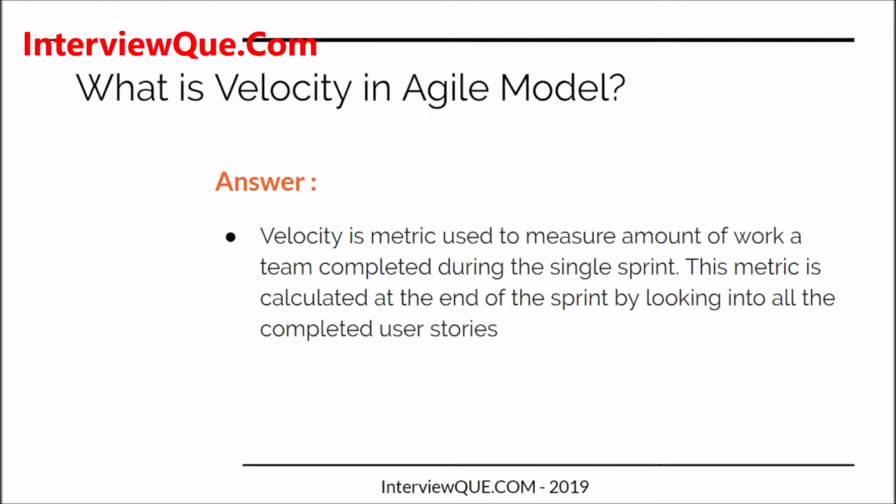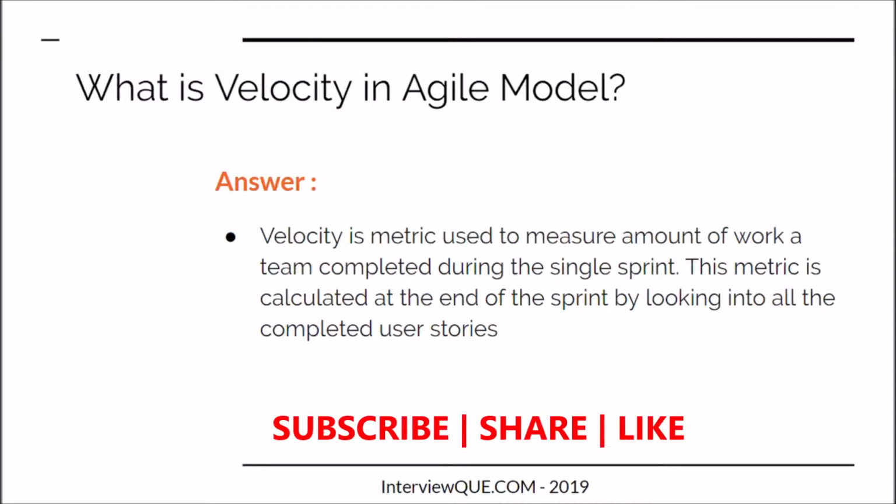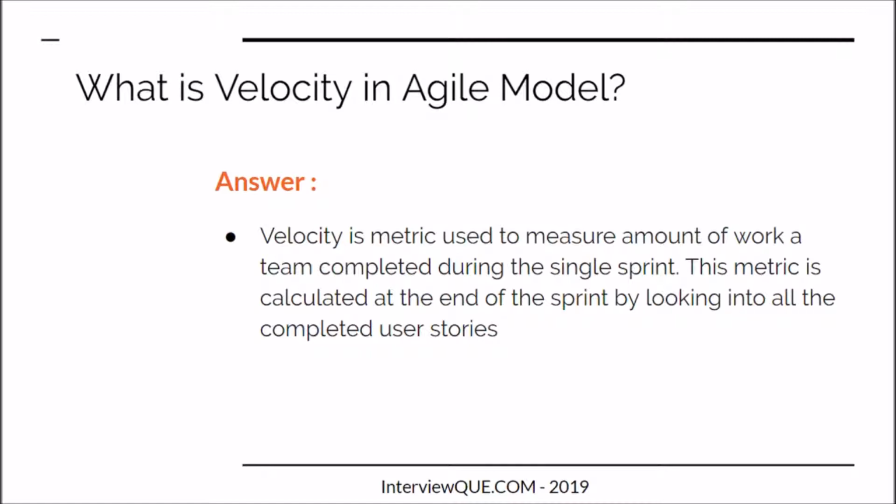So what is velocity in the agile model? This is a very important question, and a very important metric as well, which we normally use to measure in the agile model. Velocity is a metric used to measure the amount of work a team completed during a single sprint, meaning how much work the team has completed during the 2 week sprint or a 5 week sprint.